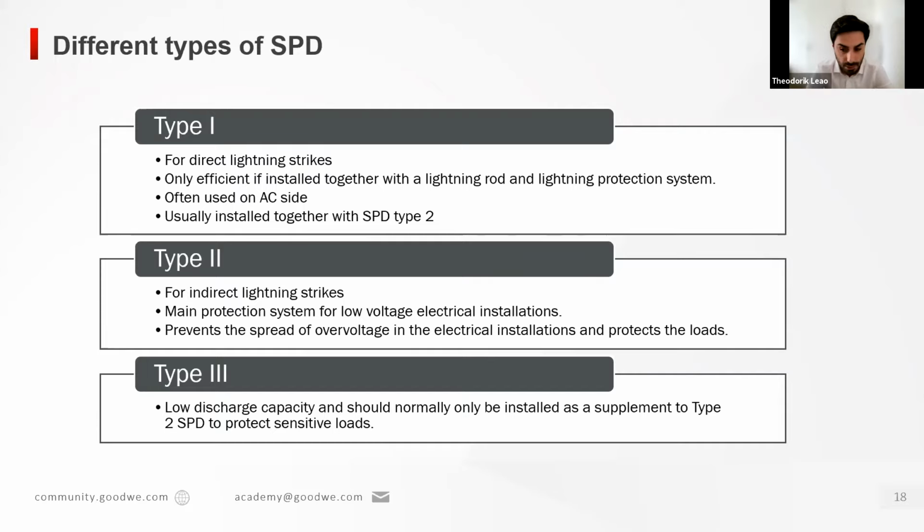So if the distance is large, then it can also be necessary to have an additional SPD on the PV system side and not only the inverter side. Usually when doing larger installations, it's necessary to do a risk analysis to determine what kind of SPDs is necessary where in the system.